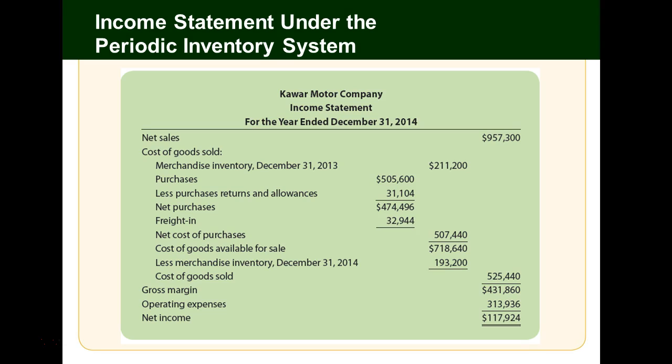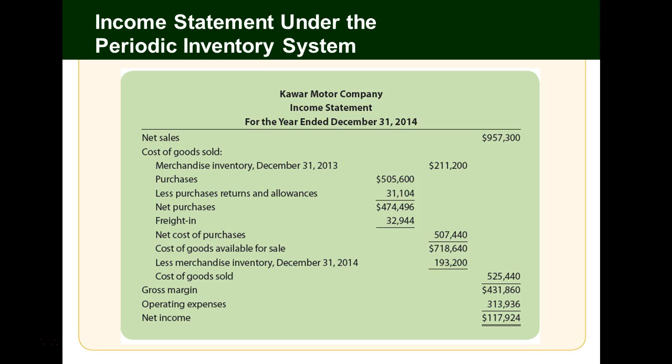We add to it all of our purchases during the year. We subtract from it any purchase returns and allowances we have to have then our net purchases. We add to it freight in that we had to pay for because we purchased goods and we had to pay for the freight. Gives us our net cost of purchases.